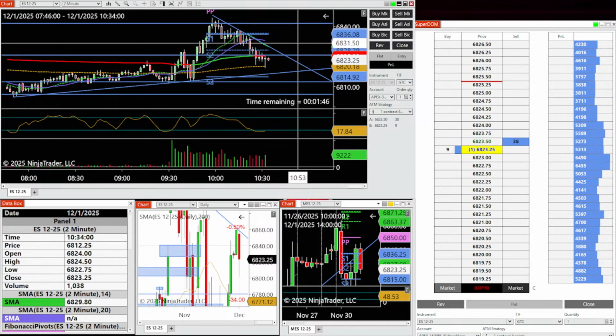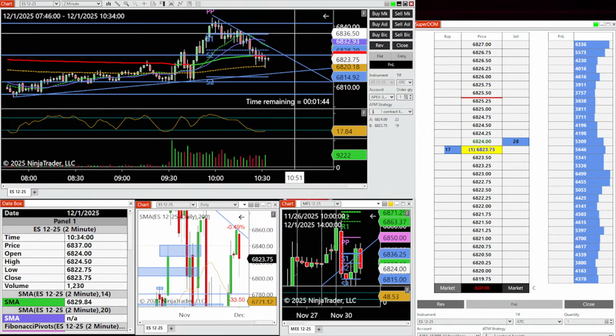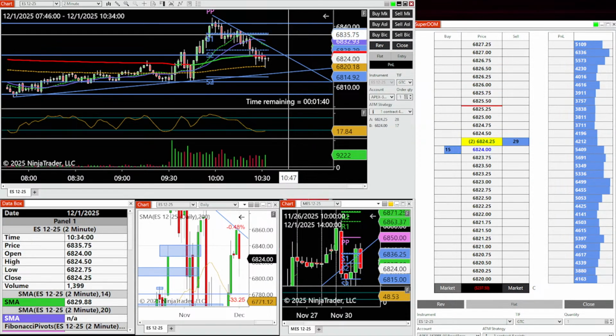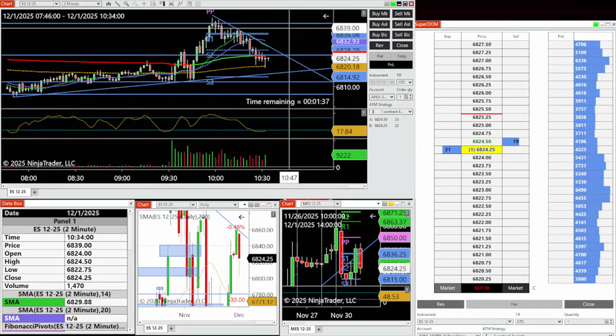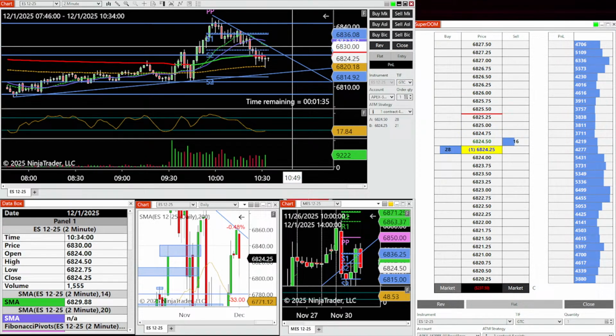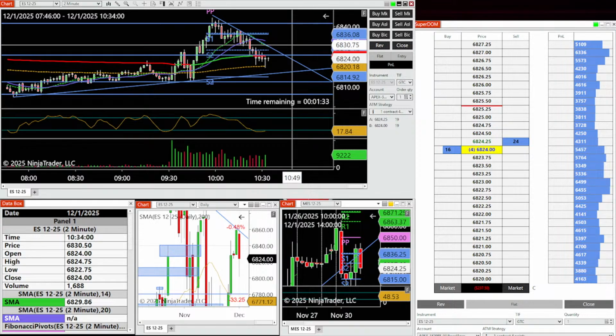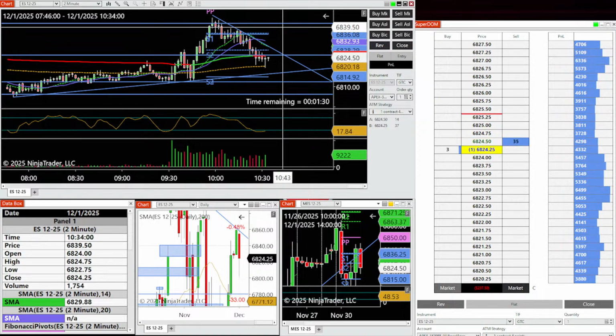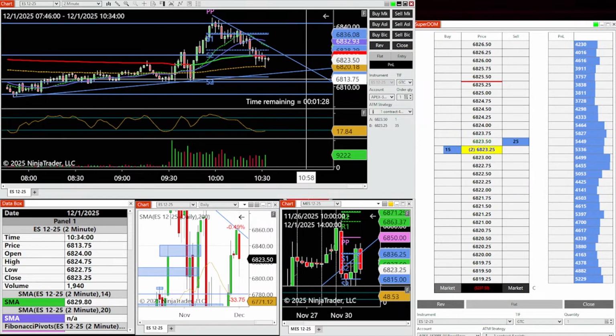Coming down real ugly, we have to short the pops and try to catch them correctly, because if not, $30, $35, $40.